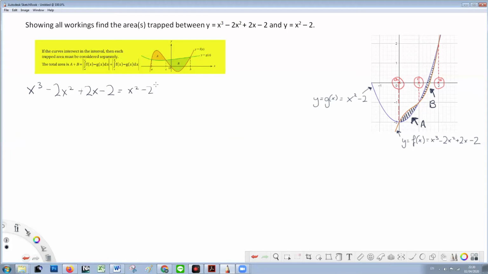And I'm going to say minus x squared plus 2 is equal to 0.